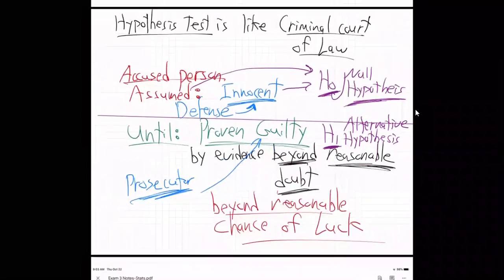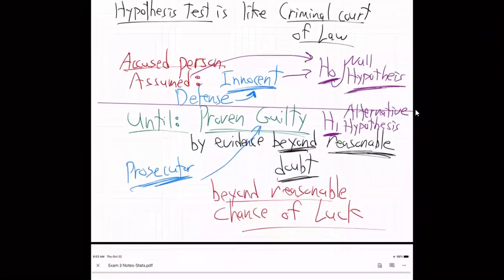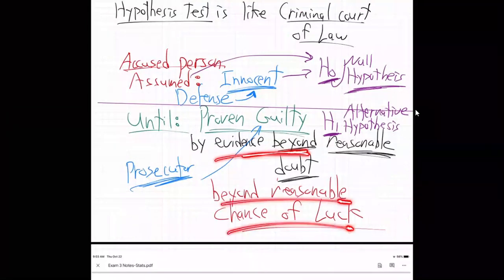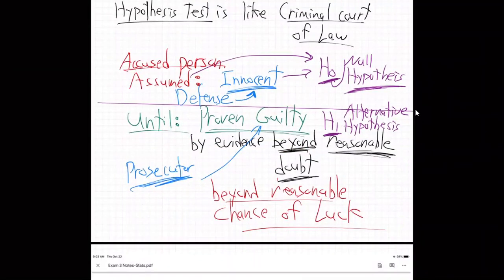So do you see what I mean? That's exactly how our court system is set up. You have to present evidence that's strong enough to rule out a reasonable chance of luck, right? If you just say, yeah, we think the person did the crime because they've never been good friends, and he needed some money, and we don't have any eyewitnesses or anything, but we just think so. Well, that's not evidence beyond a reasonable doubt.